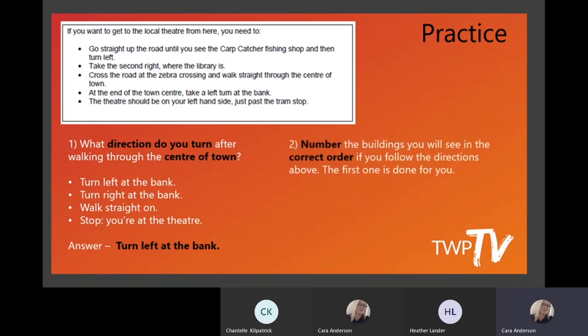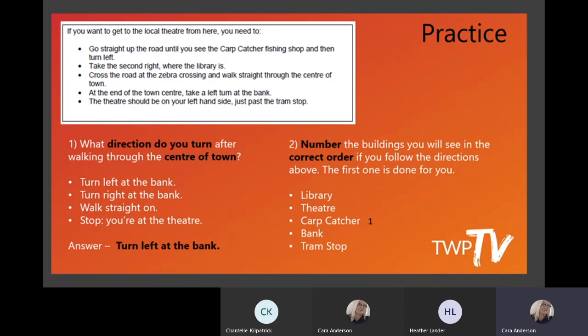So question number 2. Obviously, I'm not going to read the instructions out again, so you can use your scanning. So number the buildings you will see in the correct order if you follow the directions above. So you've got these 5 buildings mentioned in the directions.